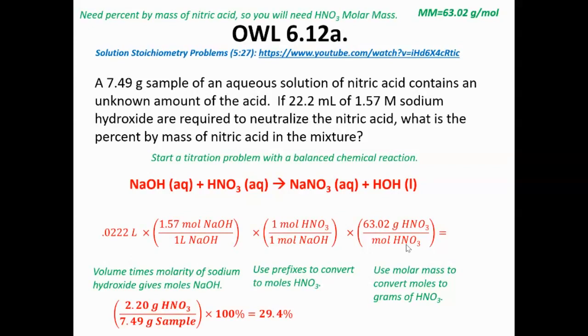Once you have the grams of acid, you can divide it by the grams of sample, multiply it by 100, and get the percent of the acid in the sample. In this case, it turns out to be 29.4%. So we use the stoichiometry to figure out the grams of the acid, but then we took the grams of the acid and divided it by the grams of the sample, multiply by 100 to get the percent of the acid in the sample.